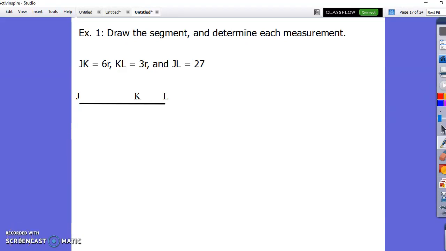So what we're going to do in example one, now we're getting into what's known as segment addition. And segment addition, believe it or not, we're going to cover this today in this section.